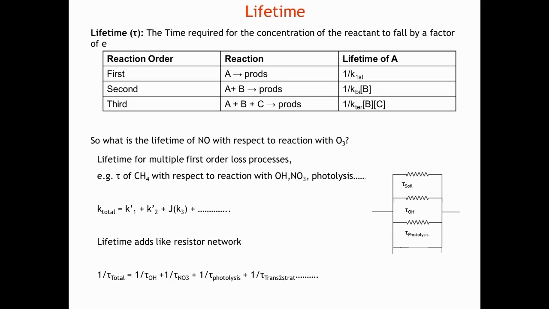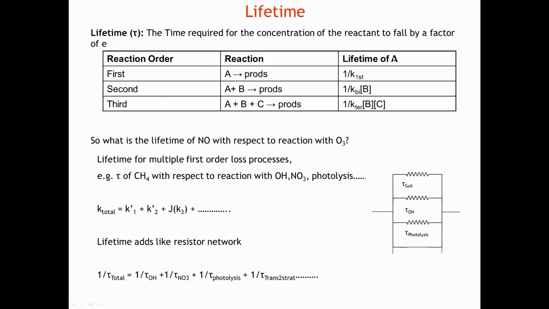Per second. So what's the units of lifetime? 1 divided by per second, seconds. Okay? 1 divided by seconds to the minus 1 is seconds. So it makes sense that a first order reaction lifetime is 1 divided by the reaction rate. What's a second order lifetime?